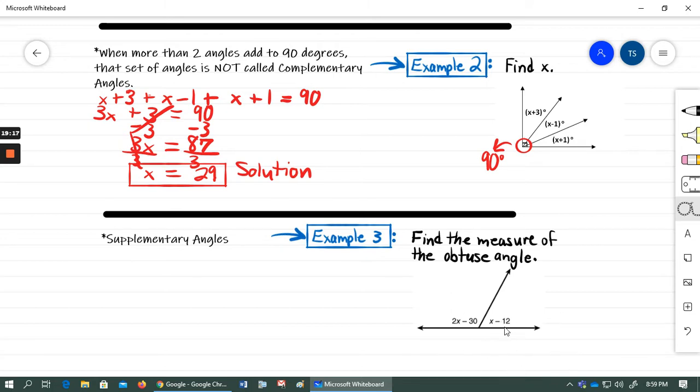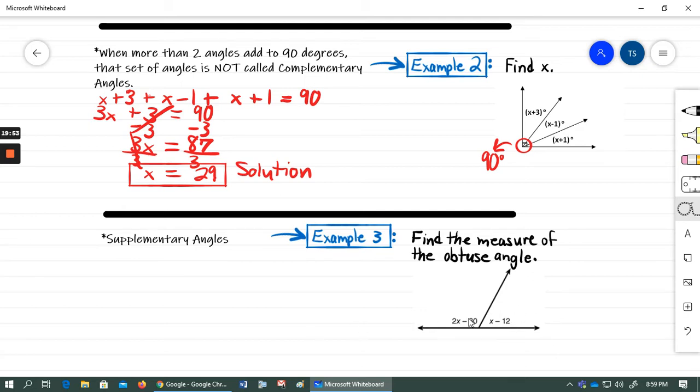And again, guys, we know that any linear pair, any two angles forming a straight line like this, add to 180 degrees, because every straight line, or every straight angle, is 180 degrees. That means these two angles are supplementary angles.